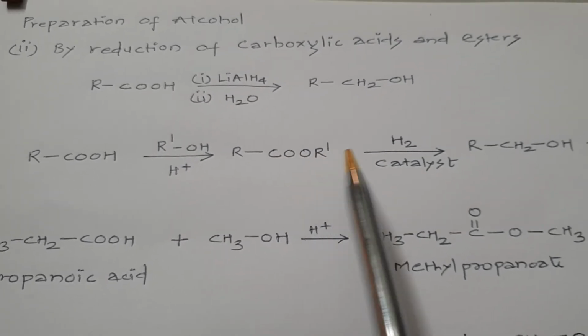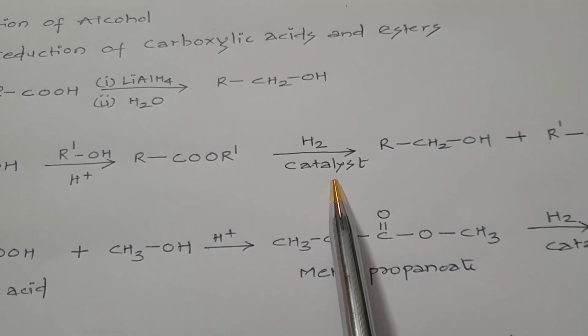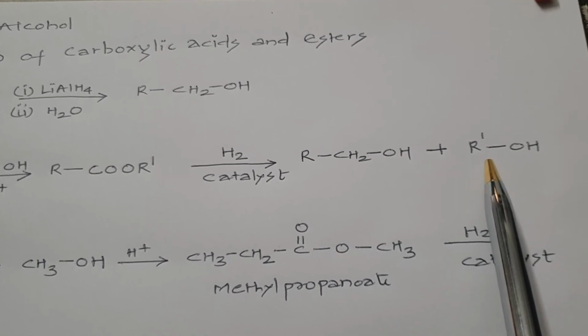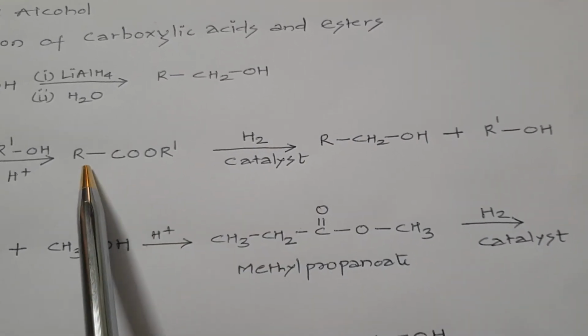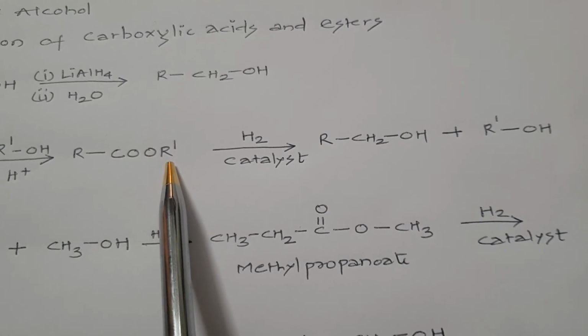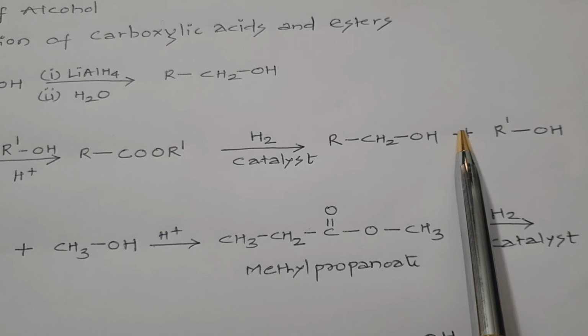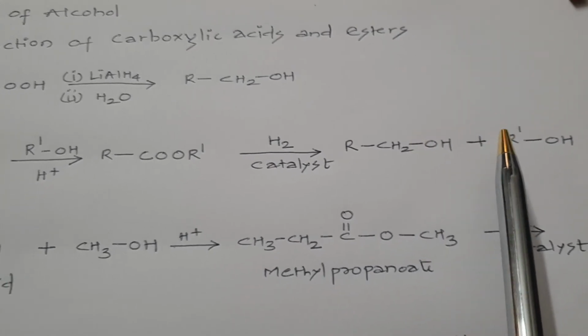This ester further undergoes reduction in presence of a catalyst to give us 2 different moles of alcohol depending upon what is R and that of R dash. So here we obtain 2 moles of alcohol, which may be the same or they may be different.